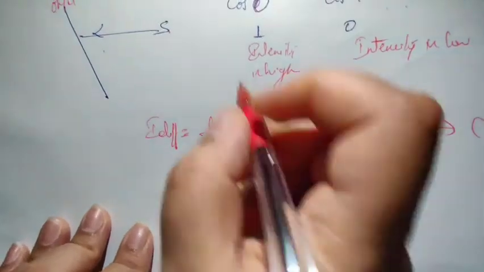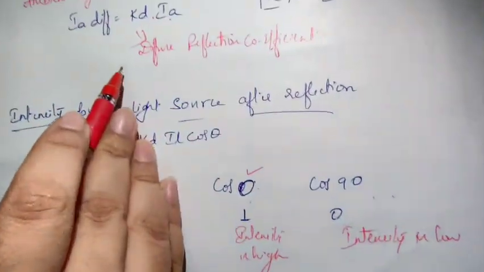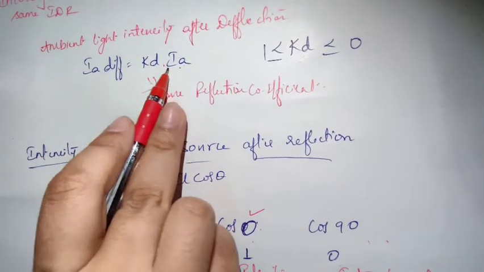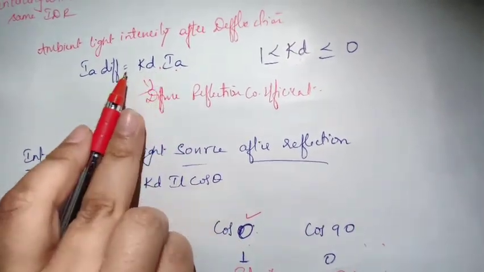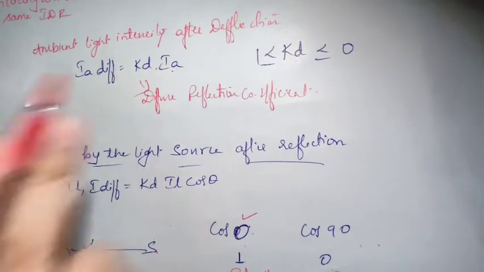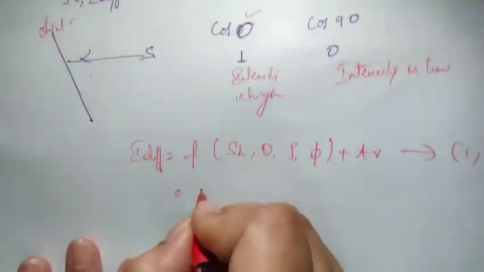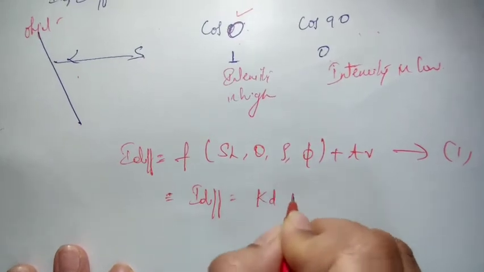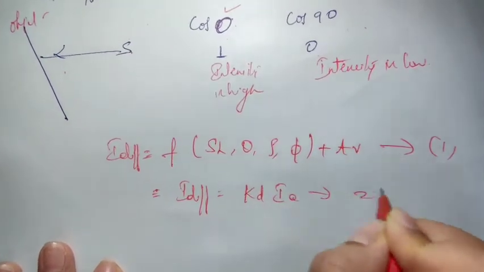After reflection the ambient light will be KD into IA, where KD represents the diffuse reflection coefficient. This is your second equation.